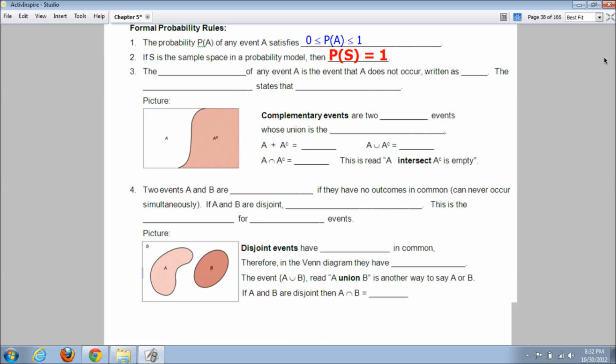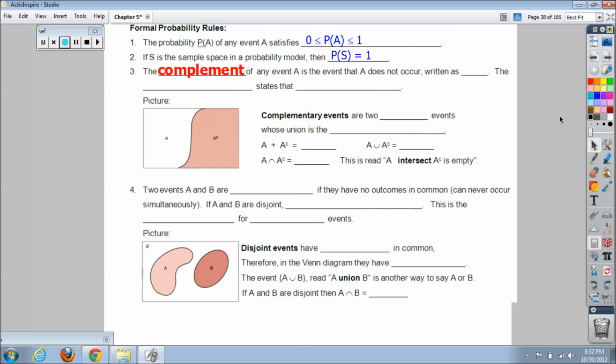Number 3, the complement of any event A is the event that A does not occur. Now notice complement isn't the same thing as, oh, you look nice today. Oh, well, thank you for the compliment. It's not C-O-M-P-L-I-M-E-N-T, which that is a compliment.